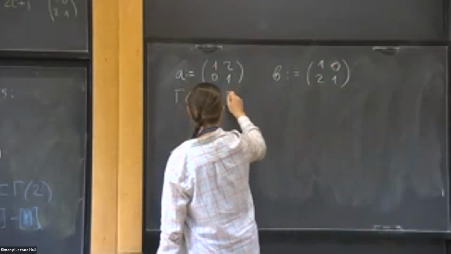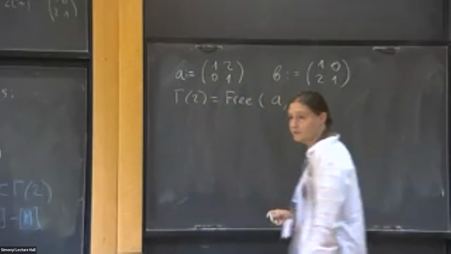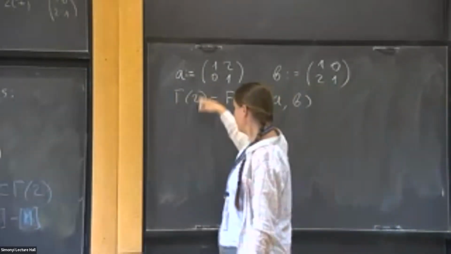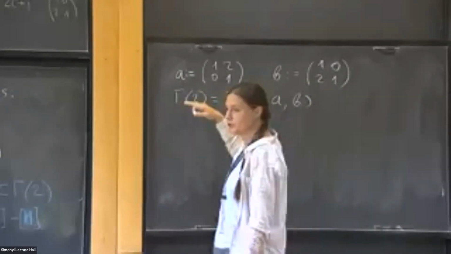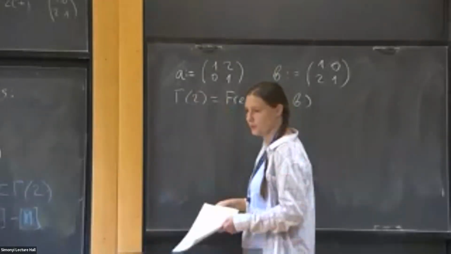gamma 2 is a free group generated by A and B. And so each element of gamma 2 can be written as a reduced word in A and B and their inverse powers.